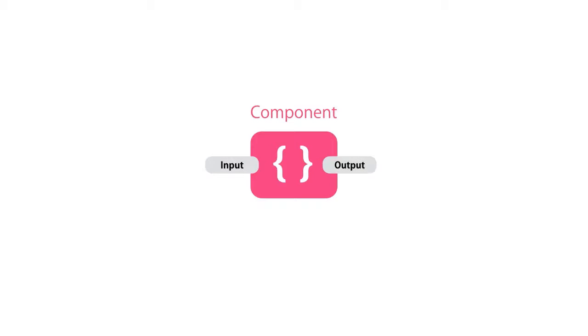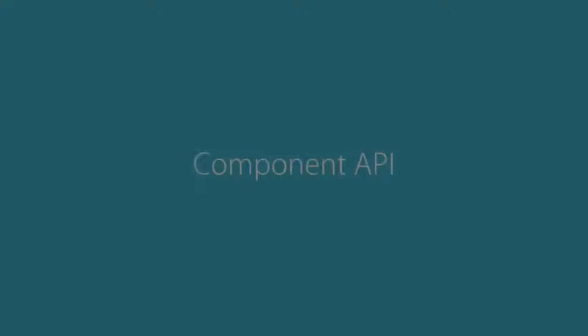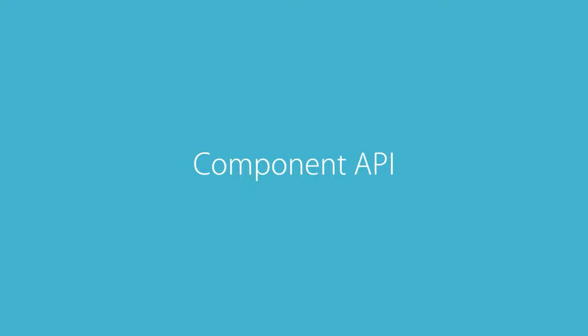In other words, in order to make a component more reusable, we want to add a bunch of input and output properties. We use input properties to pass input or state to a component. And we use output properties to raise events from these custom components. The combination of input and output properties for a component make up what we call the public API of that component.